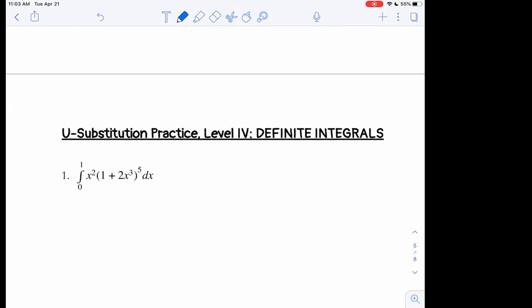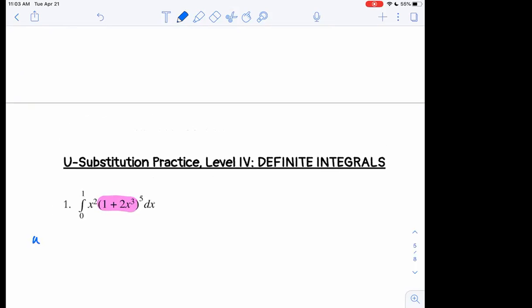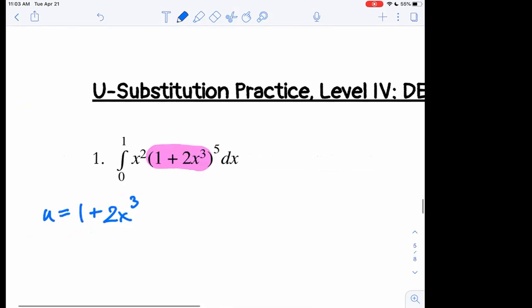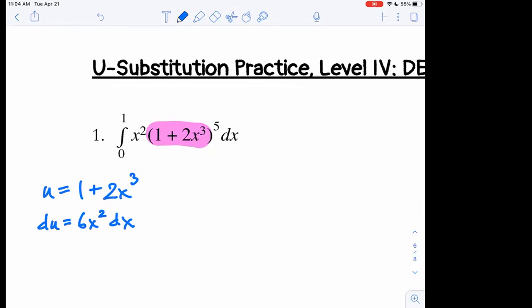So question number 1, I'm like, okay, I have to use U-sub, and I'm gonna pick the thing that is raised to the power, because most of the time that's my u, okay? And so that's gonna give me u equals 1 plus 2x cubed. And when I find my du, I get 6x squared dx, which is kind of close because I have an x squared dx.